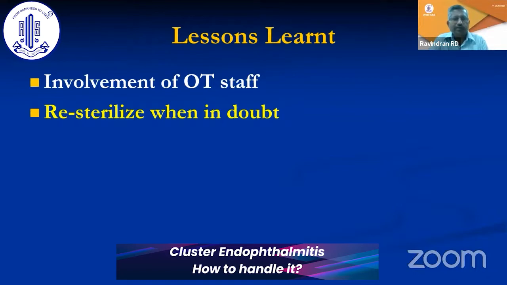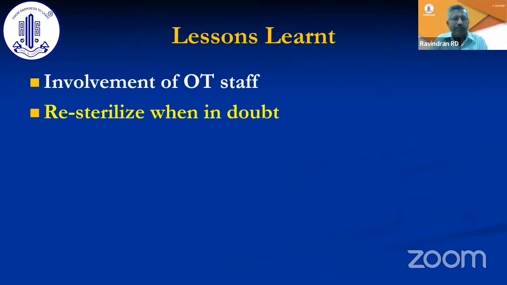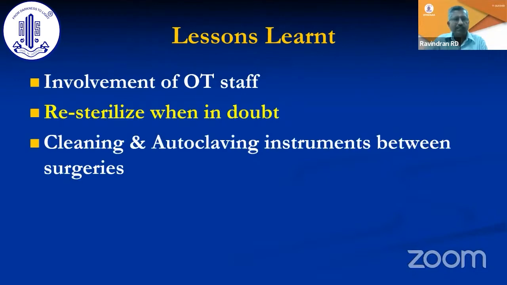Because of the assurance given by the CSSD staff, they autoclaved it. So from that point, any doubt we have, we resort to re-sterilization. At least I personally, on 3 or 4 occasions where we had a doubt, were not very sure because the printout was not clear, or one indicator had not changed, so we re-sterilized it.